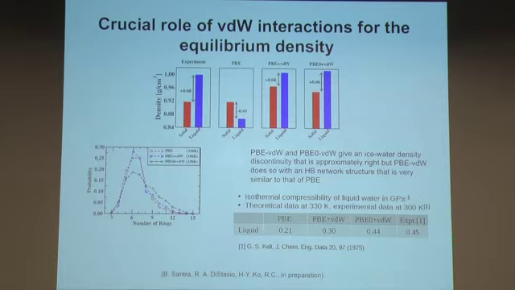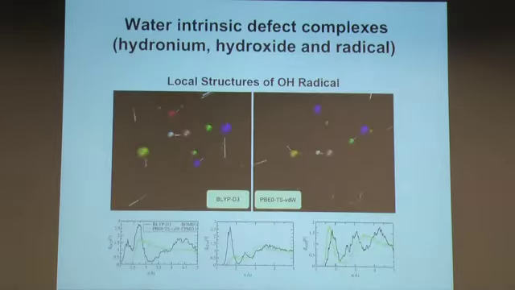The reason has to do with the fact that even though the van der Waals allow to densify the structure, they do not change much the structure of the network, as one can see from the ring distribution, and one sees that indeed one has this broader ring distribution when one uses this other functional that allows for hydrogen bonds to break more easily and makes the water more diffusive.